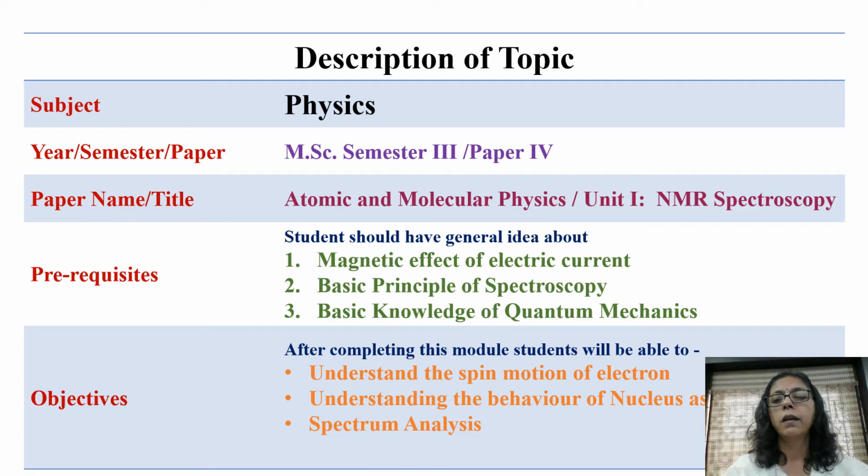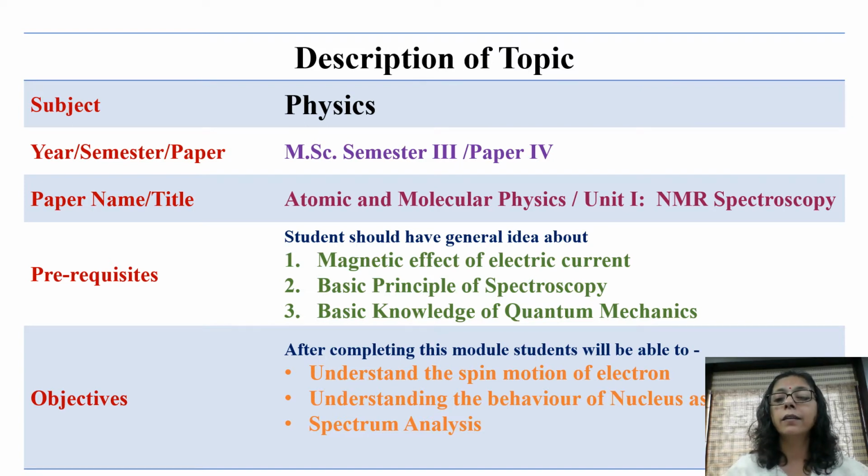Students, before proceeding on with the lecture, I would like all of you to have a general idea about the magnetic effect of electric current. Also, you should have an idea about what is spectroscopy. I want you to know this because you have studied a full paper in spectroscopy in SEM-II.